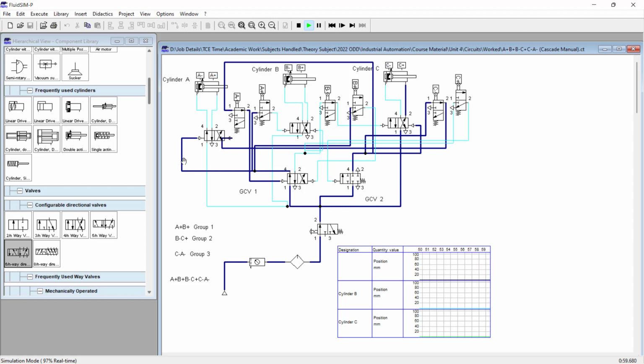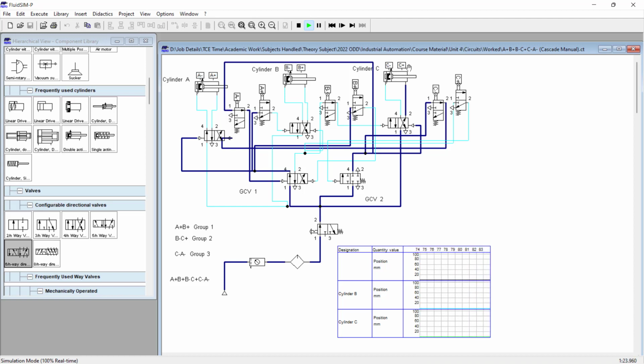There is a valve locking condition arising in cascade circuits when we go for a complex circuit like this. That complex sequence in manual operation can be eliminated through the step counter method. So next we will discuss the step counter method.